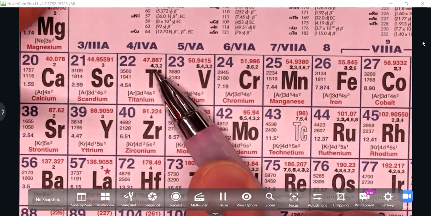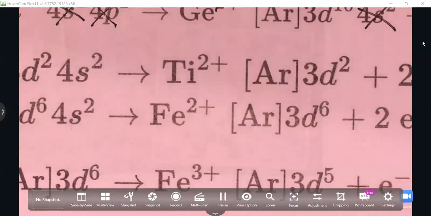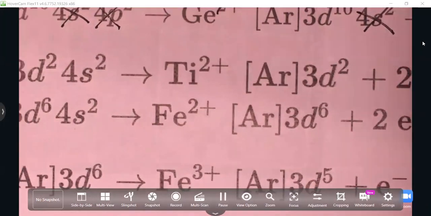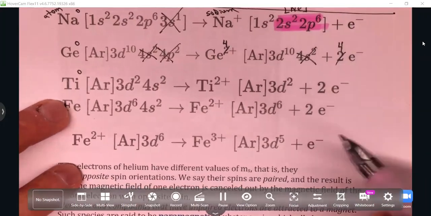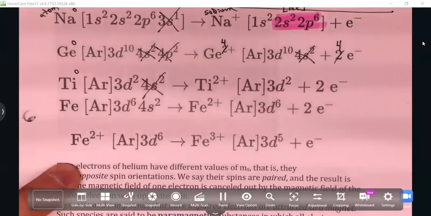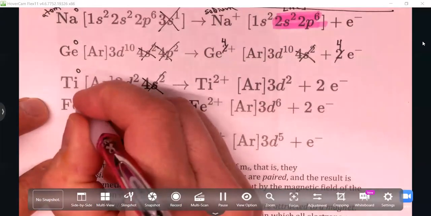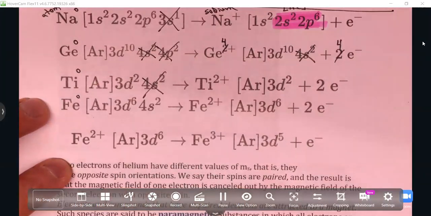The 4 is bold, right? So it can lose 4 electrons, 3 electrons, or 2 electrons. This shows what it does when it becomes a +2 charge. It gets rid of these 2. And this actually shows iron's 2 charges. Iron can be 2 or 3.